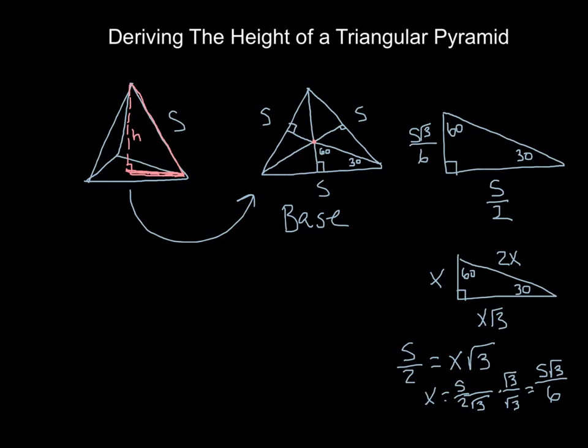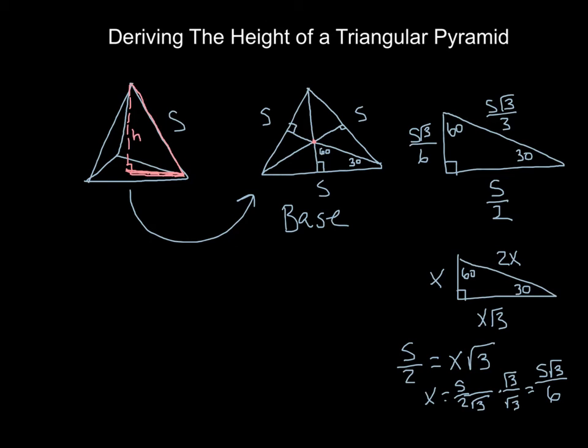And now this third side is twice that. So this side should be 2 times S root 3 over 6, which is going to be S root 3 over 3. And I multiply by 2. And now that I've found this side right here, it is S root 3 over 3. So I think we're ready to form our Pythagorean theorem.